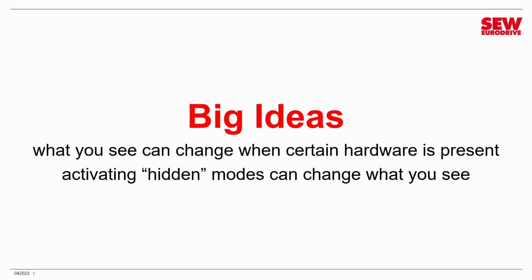If you're an SEW customer, some of those we do reserve because if they get turned on, you can really get into trouble using them. But if you're an SEW employee and you work in certain specialized areas, then you may be using the hidden modes, or someone may tell you those, and they will enable you to do certain things. All right, it doesn't cripple functionality or anything, but it does put things out of sight that you can stumble into and get in trouble.